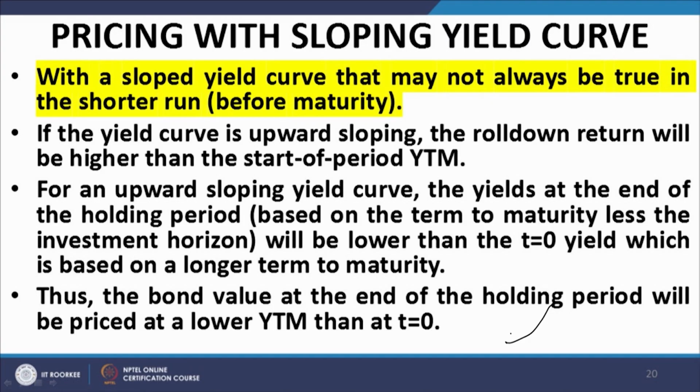Now, let us say we want to work out the price of the bond at t equal to 1, and let us assume fundamentally, I repeat this point, that the interest rates have not changed over this period. Now, when we work out the price of the bond at t equal to 1, it is not a capital T year bond, 1 year has already elapsed. So, it is now a T minus 1 year bond.